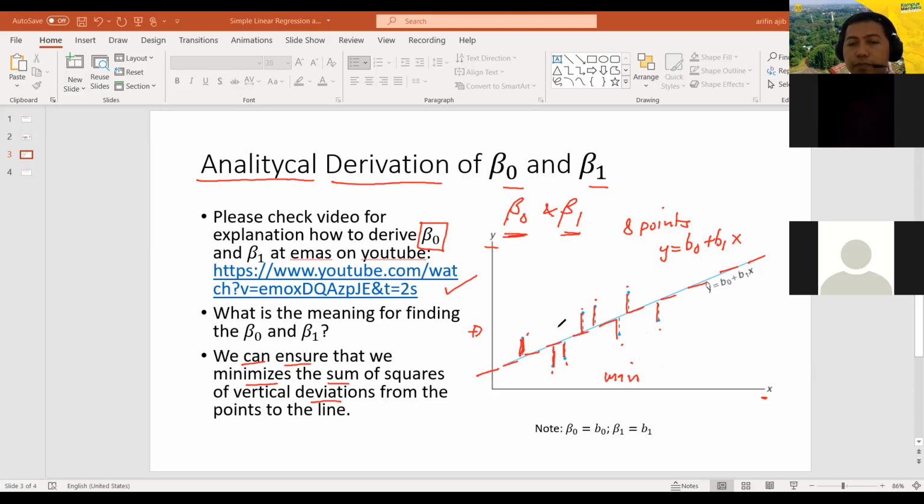For example, this is deviation 1, deviation 2, deviation 3, deviation 4, deviation 5, deviation 6, deviation 7, and this is deviation 8. In this case, D1 plus D2 until D8 will be minimum.